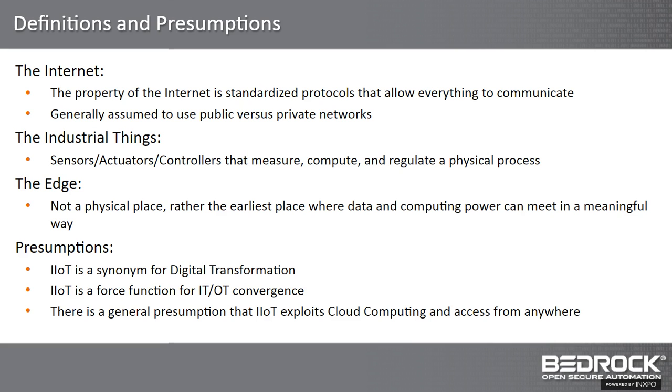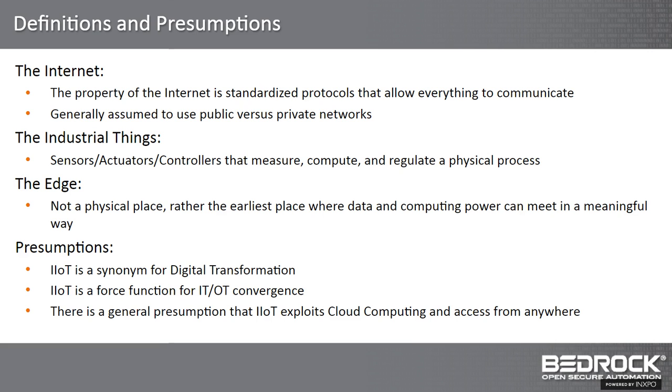So the presumption is that the industrial Internet of Things is really a synonym, or another way of saying, digital transformation, and we'll explain that, and that should make more sense. The cool thing, I think, is that it really is becoming a forcing function for this IT-OT convergence. There's been a lot of press and a lot of discussion, and a lot of consternation or strain in organizations to figure this out, and it's going to figure itself out because it happens naturally.